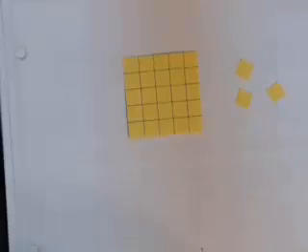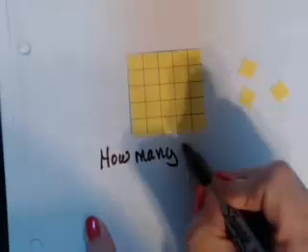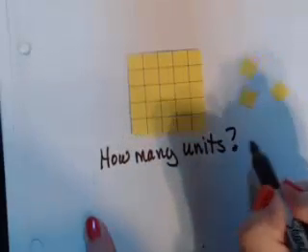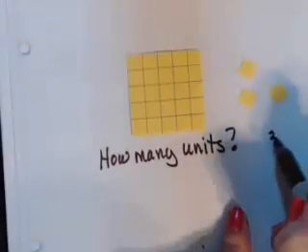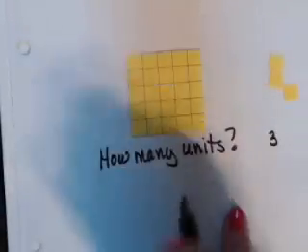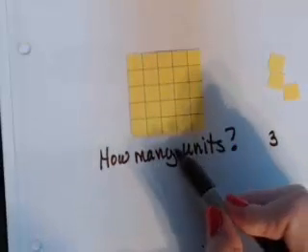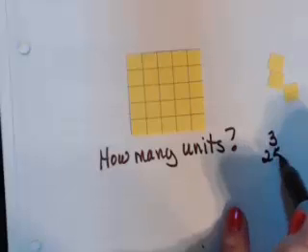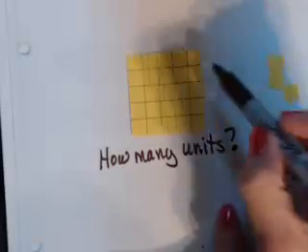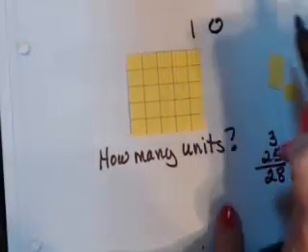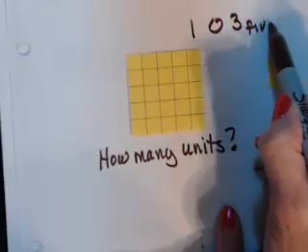How many units is that? Well, I know that I have 3 units, and I know that a flat is 5 by 5, or 25. So there would be 28 units in the number 103 base 5.